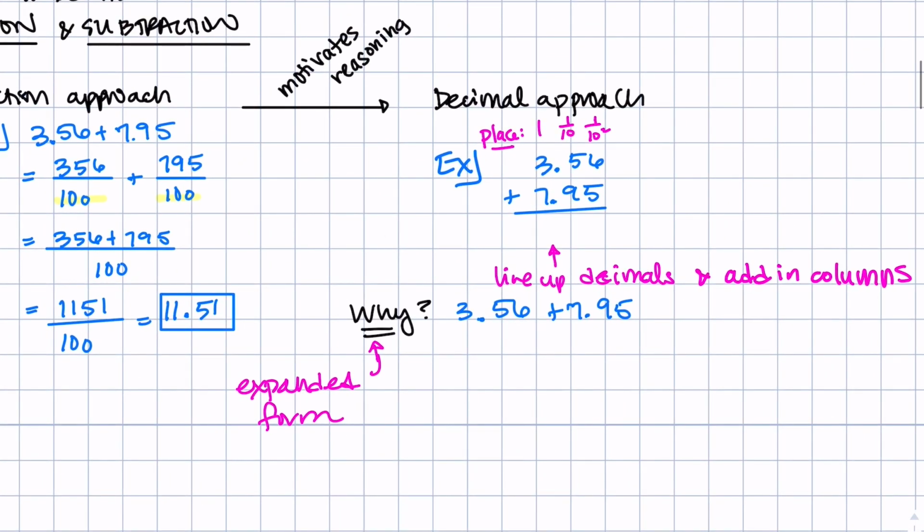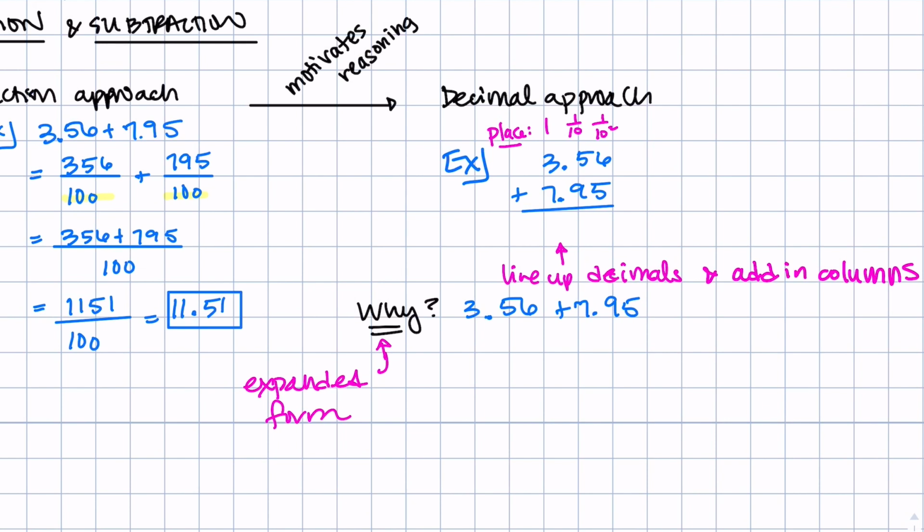So if we, in the meantime, ignore the decimal and just add my digits as we normally would, adding 6 and 5, I get 11. Adding 5, 9, and 1, I get 15. And adding 7, 3, and 1, I get 11. And now my decimals being lined up corresponds to my idea of getting a common denominator, and so I can just bring down the decimal. So that's where that algorithm comes from: we're adding those place values.